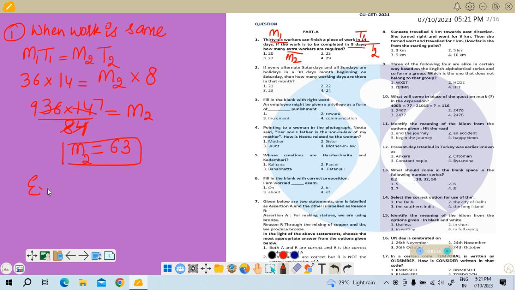Now here they are asking about extra workers. So extra workers is 63 minus 36, that is M2 minus M1.